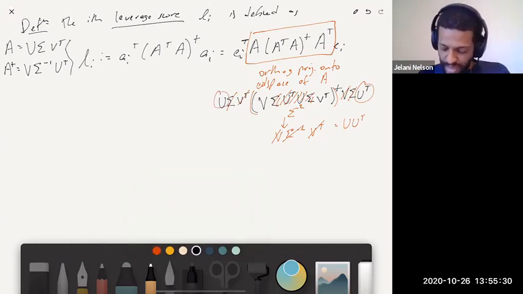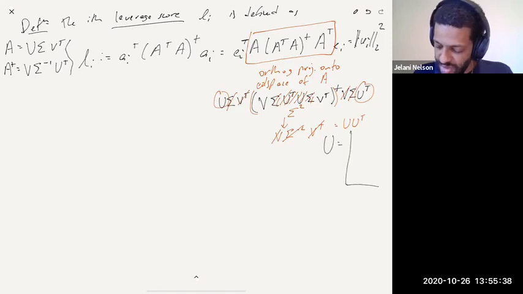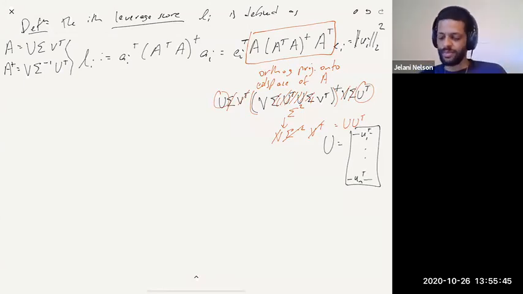So this is also just equal to the L2 norm squared of u_i, where U is the matrix with rows u_1 transpose up to u_n transpose. Does that make sense? Okay.